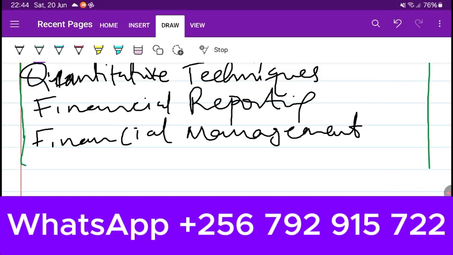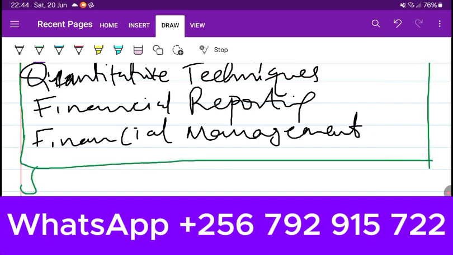So we close our table like that, then we put the source. Most of the time they write the source in italics. If you have been observant, they italicize the source.